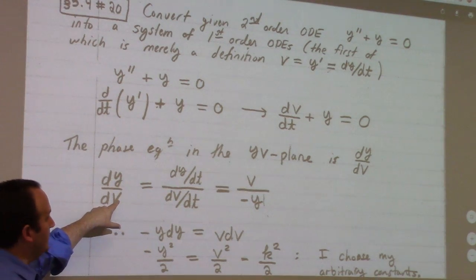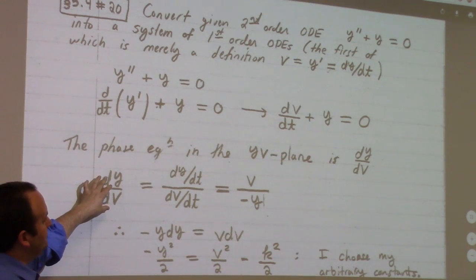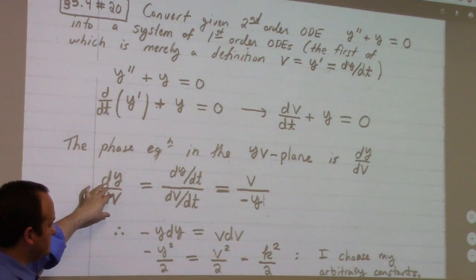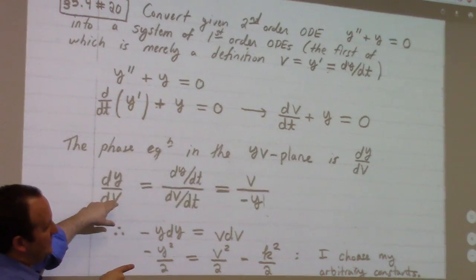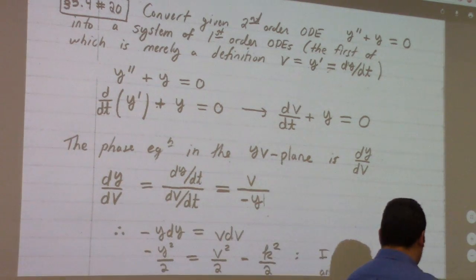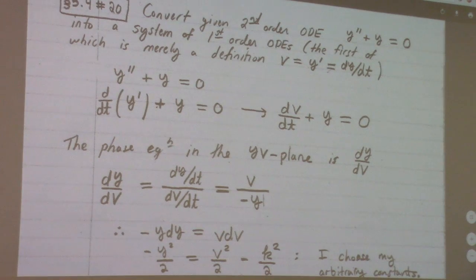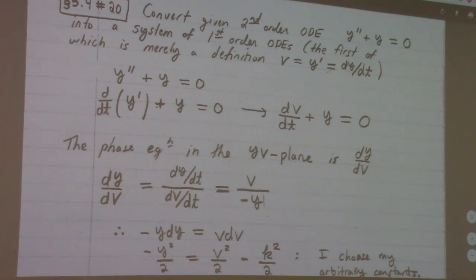So we have 2 differential equations. Let me write them down. We have dv dt equals minus y, but we also have dy dt equals what? v.